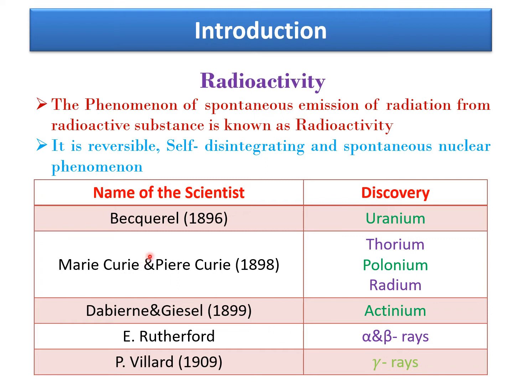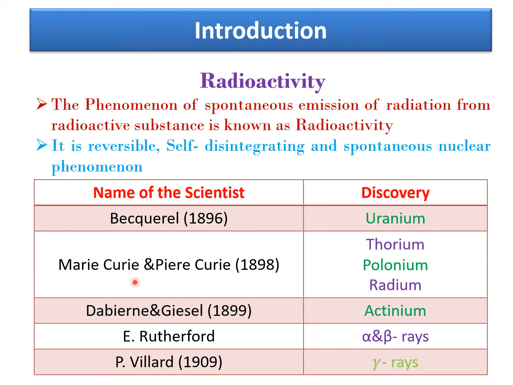Now, this is one of the famous pairs, Marie Curie and Pierre Curie. Marie Curie and Pierre Curie got the Nobel Prize for the new elements polonium and radium.